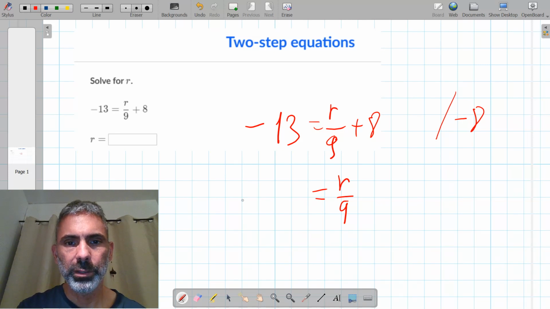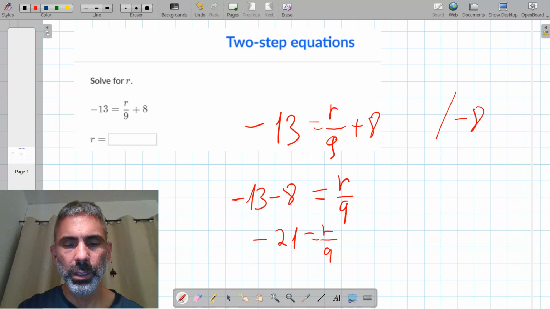And on the left hand side I have minus 13 minus 8. Both numbers are negative, so I add them together, so it's 21, and the result is negative, so it's minus 21 equals r over 9.